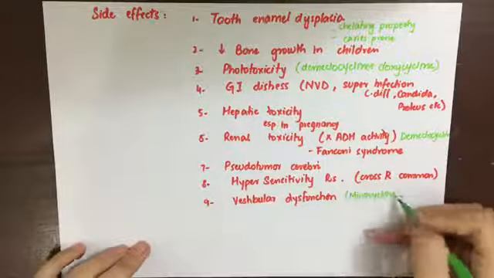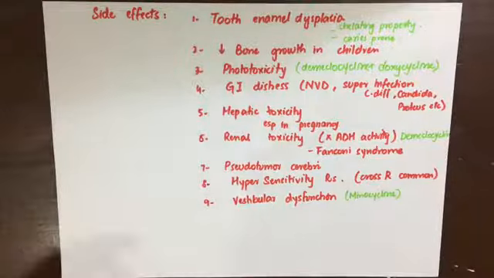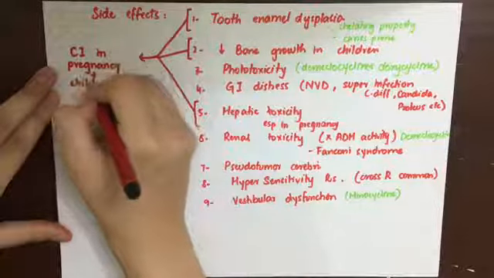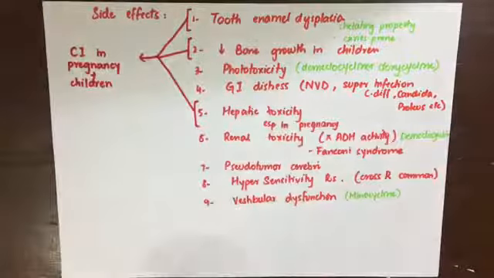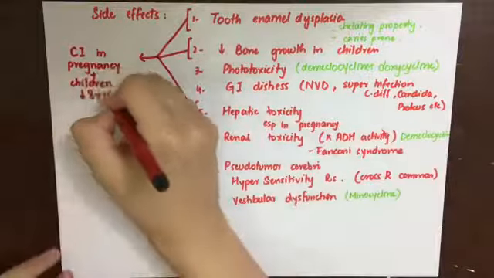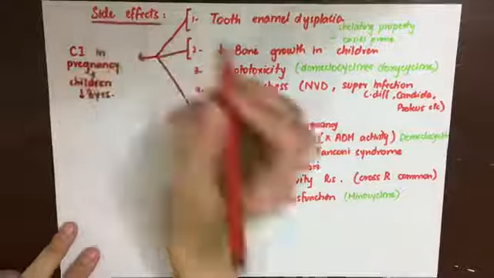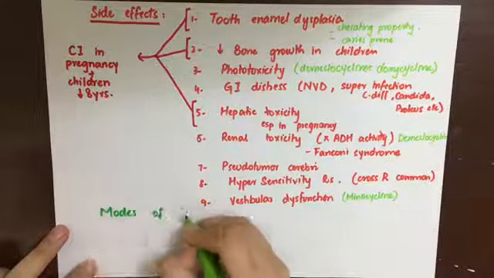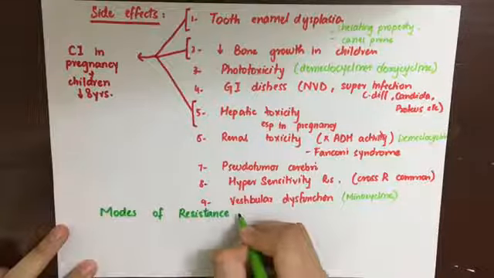Now, as we can see that there is tooth enamel dysplasia, decreased bone growth in children, and hepatic toxicity, especially in pregnancy, that makes all the tetracyclines contraindicated in pregnancy and also in children less than 8 years of age.